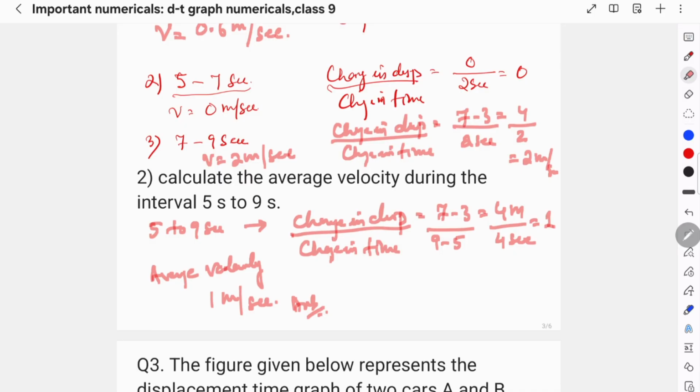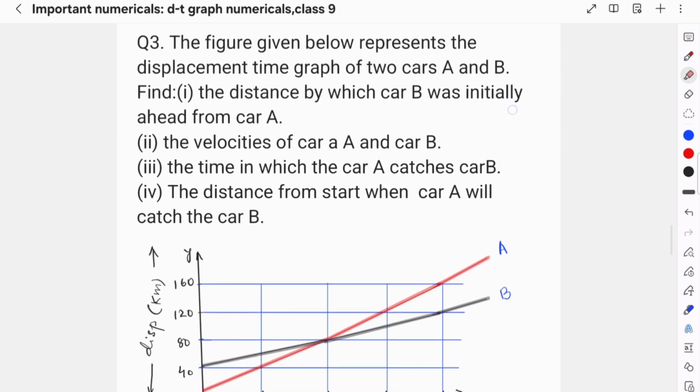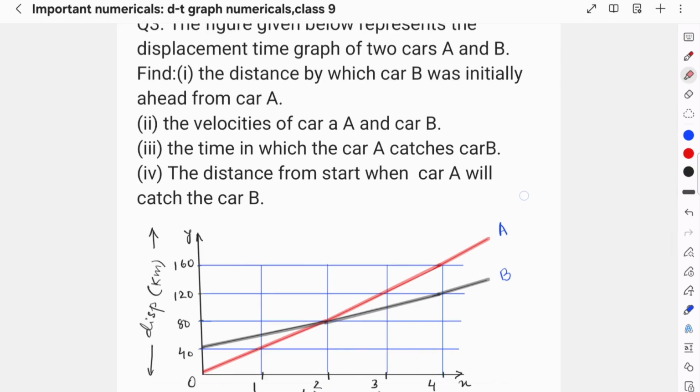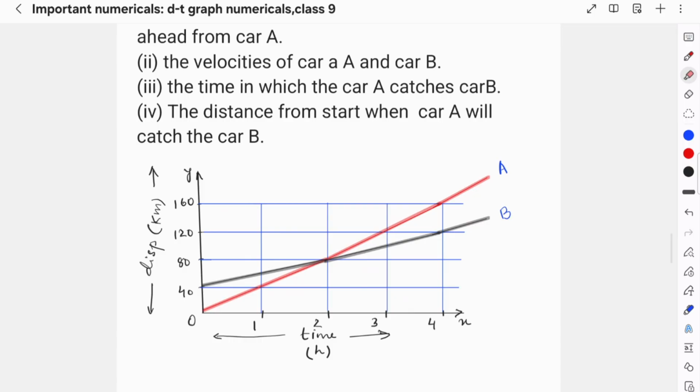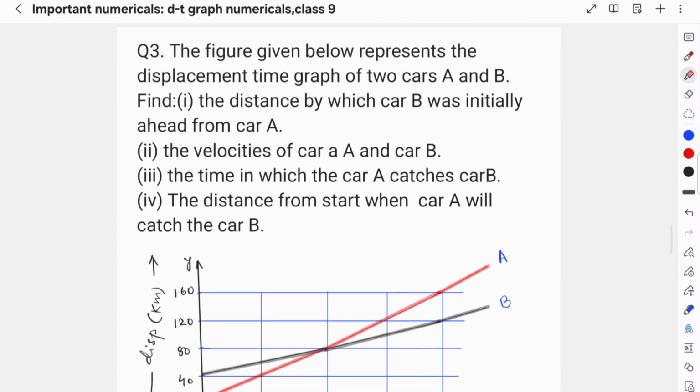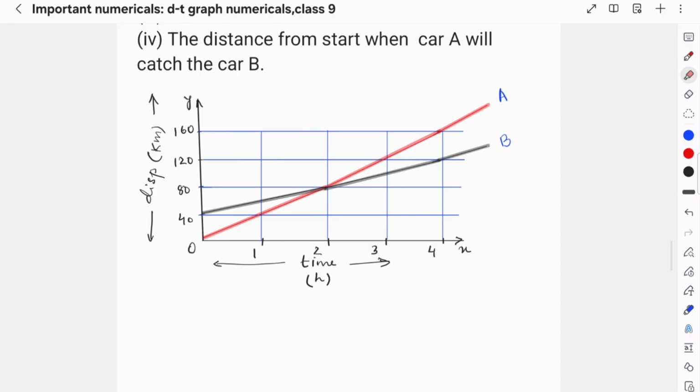Now let's go to the third question. The third question says the figure given below represents the displacement time graph of two cars A and B. So this is the figure they have given. We have to find the distance by which car B was initially ahead of car A. From this graph we can see car A is starting from here, car B is starting from here.